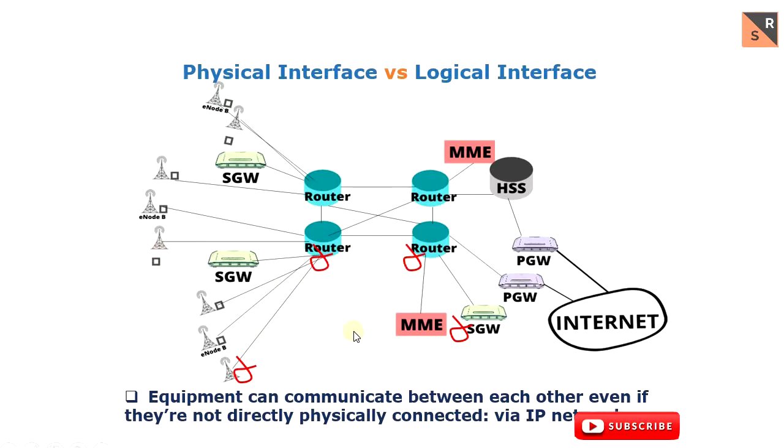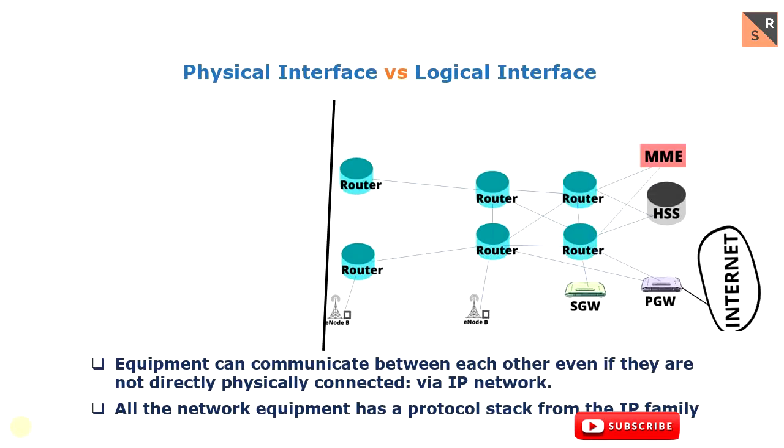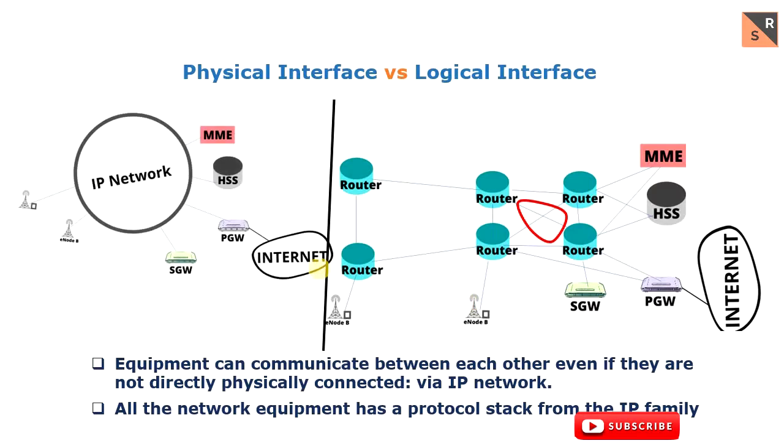This is the principle of the IP protocol, which is going to take care of retransmission by successive hops. Consequently, we can now define logical interfaces between nodes, even if they are not physically connected. Let's first simplify the network and show only the essential elements. We have here a certain network topology, and what we can see is that it's just an IP network belonging to the mobile operator, and the 4G nodes are connected to it.